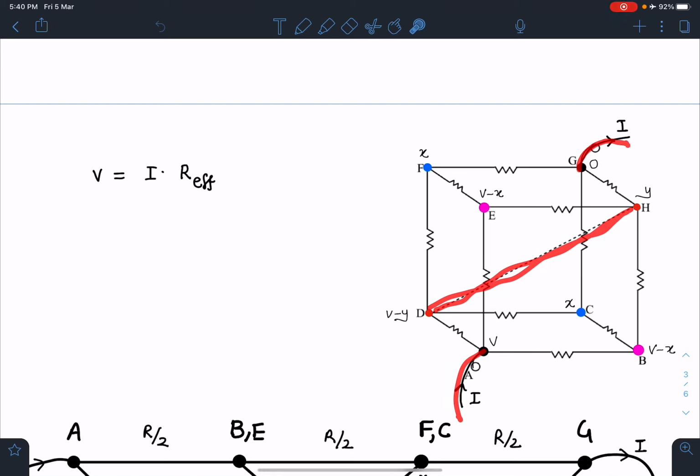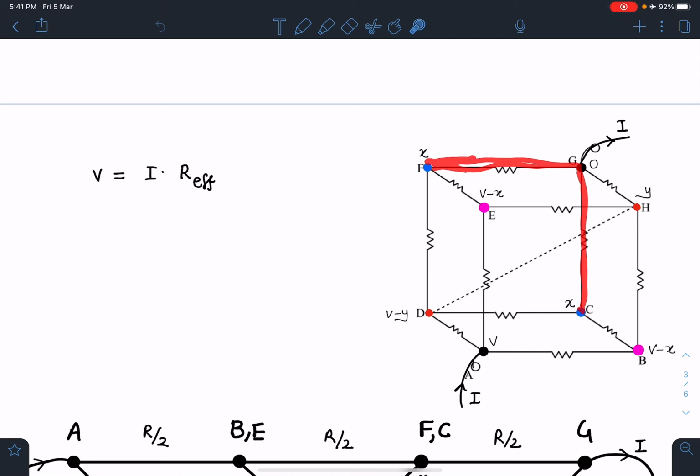You can see very clearly that the points in blue color are symmetrical with respect to points E and B. Two resistances are going, and another one is going where the diagonal was connected from the other side. Two resistances are going, and one of them is connected to the body diagonal where the new wire is connected. So you can see the potential here and here is going to be the same.